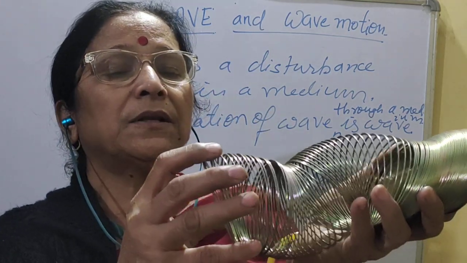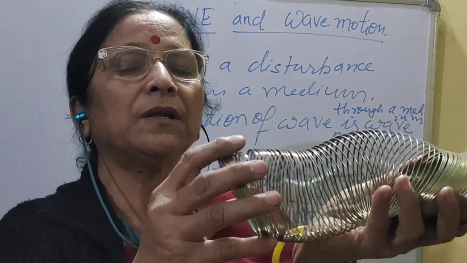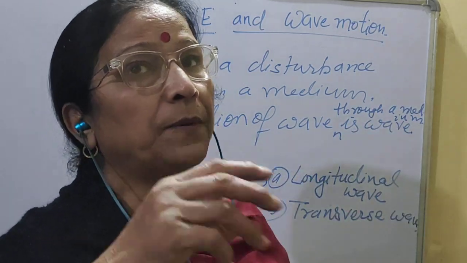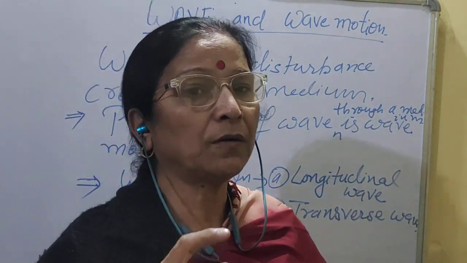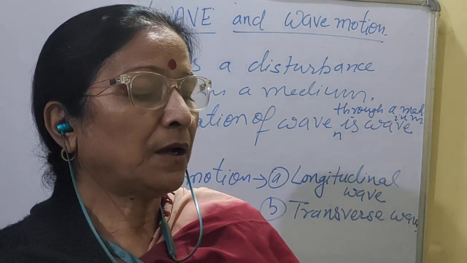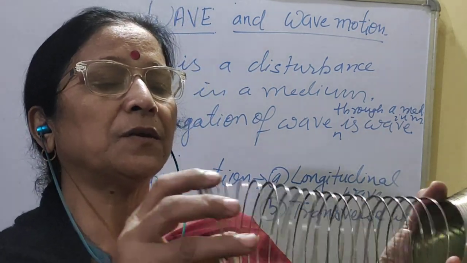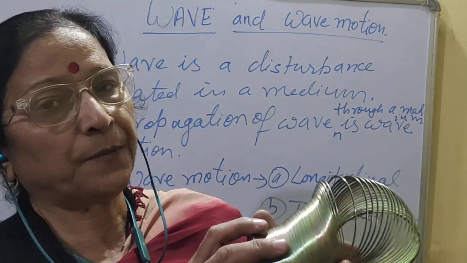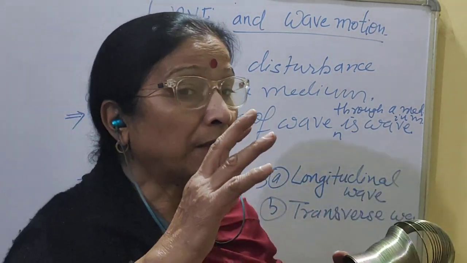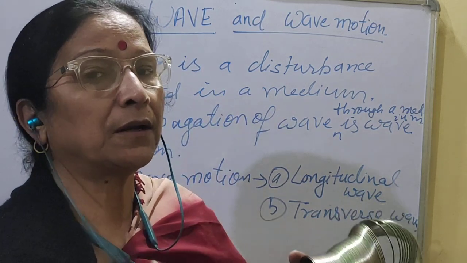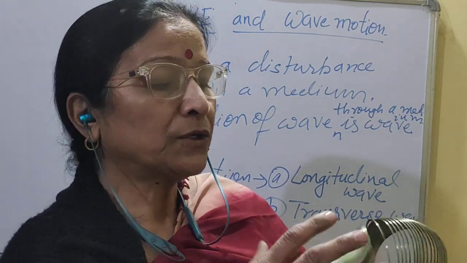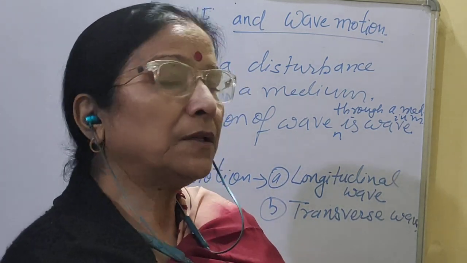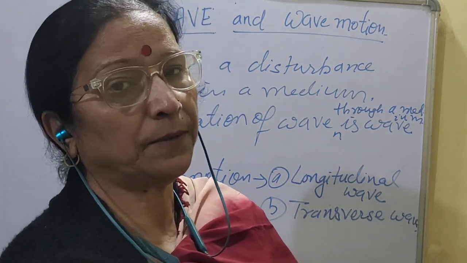So the part of the slinky where the turnings are closer is called compression, and the other point where the turnings of the slinky are less in number is called rarefaction. So by creating compression and rarefaction in the medium, sound travels from one place to another place, and this is called a longitudinal wave.